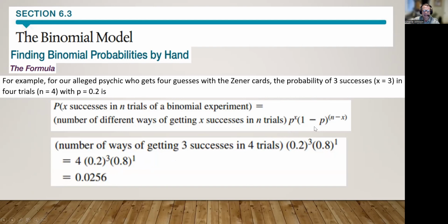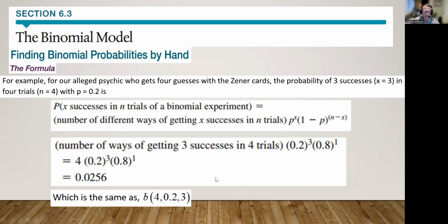And 1 minus P is the probability of failure. So that's the 0.8 raised to the n minus X. So n being 4, X being 3, there's 1 left over. So those exponents on there are always going to add up to the number of trials. 3 plus 1 is 4. So then you multiply 0.2 cubed times 0.8, and we get 0.0256.